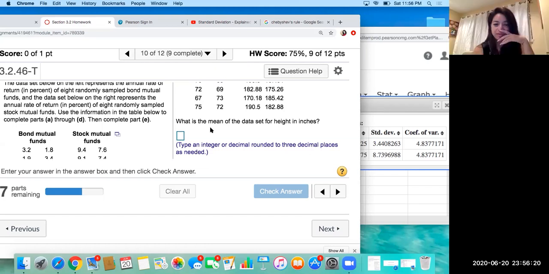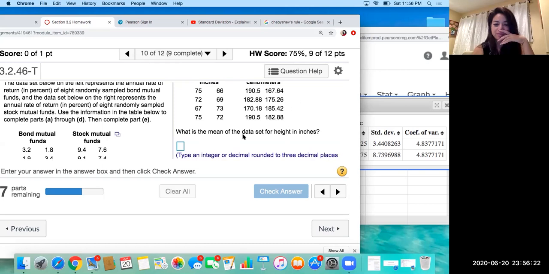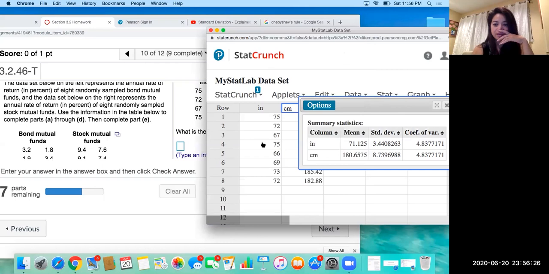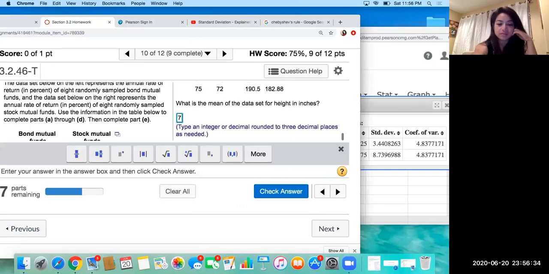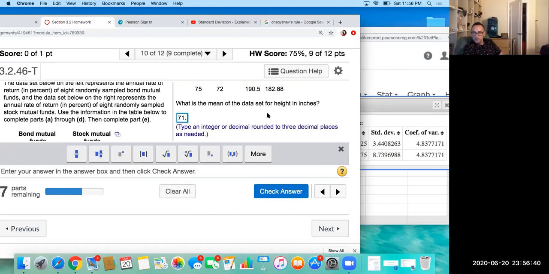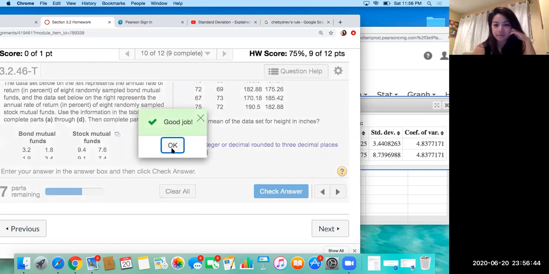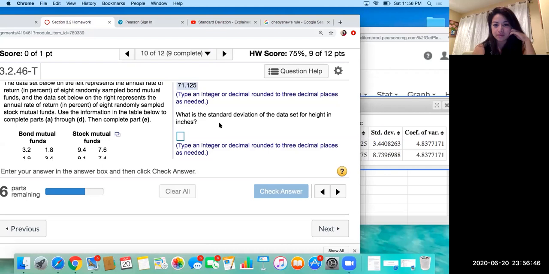What am I doing right here? What is the mean of the data set for the height? In inches, 71 point. 71 point what? 125. Okay. The standard deviation.